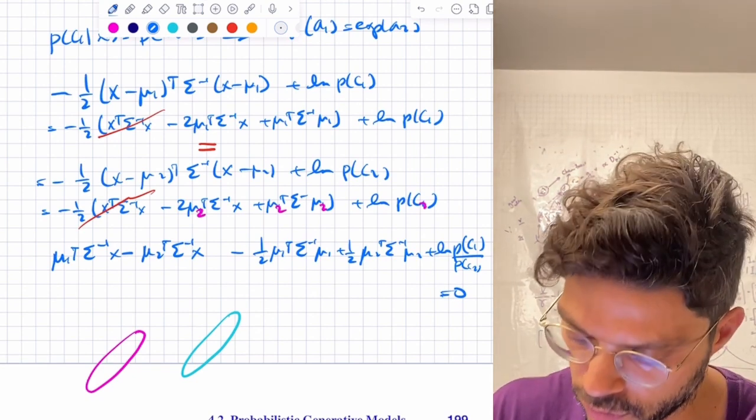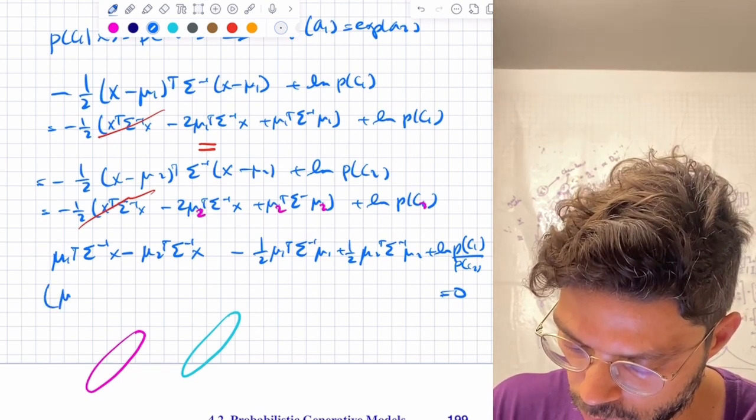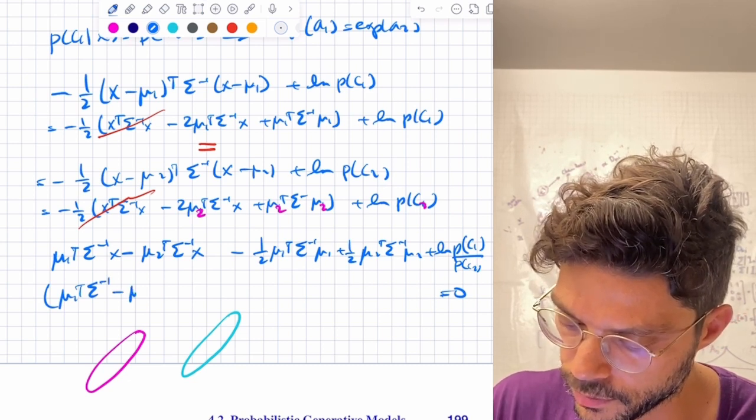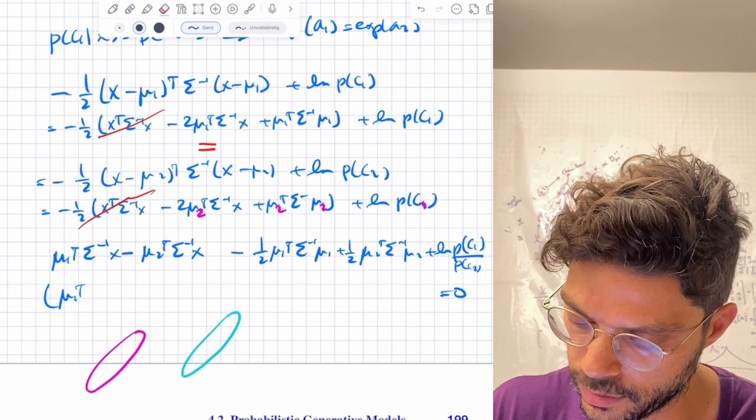Just like before, we're going to call this mu1 transpose sigma inverse.